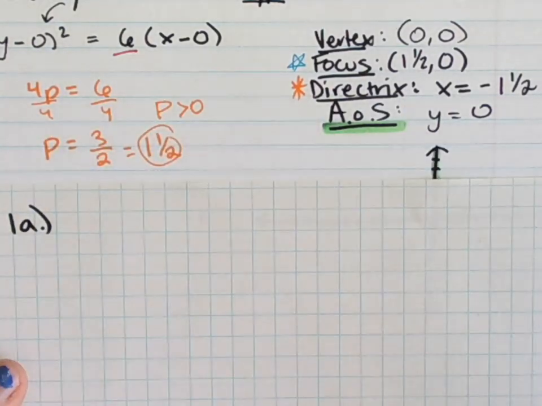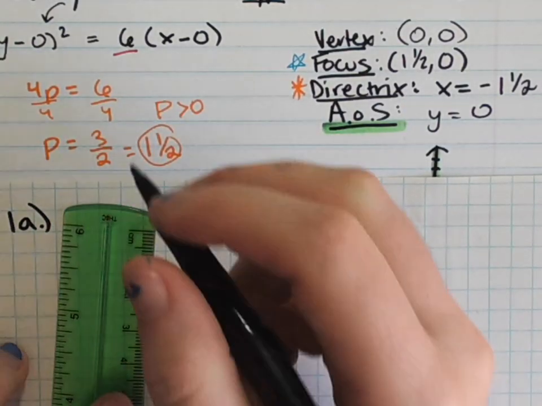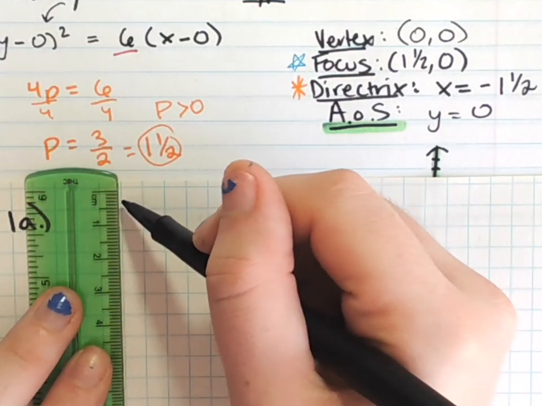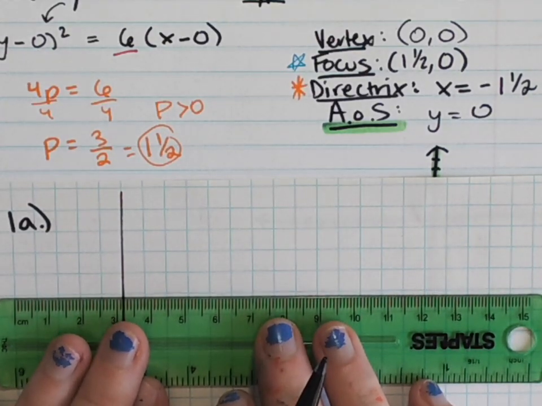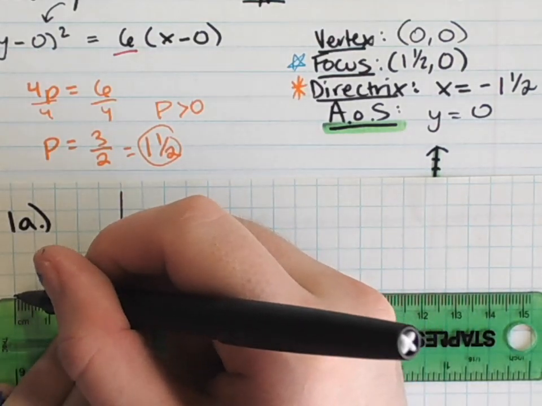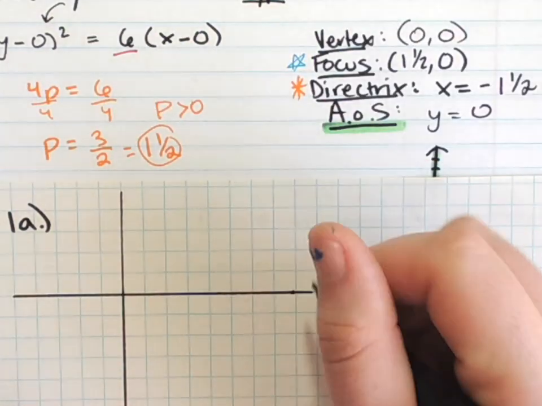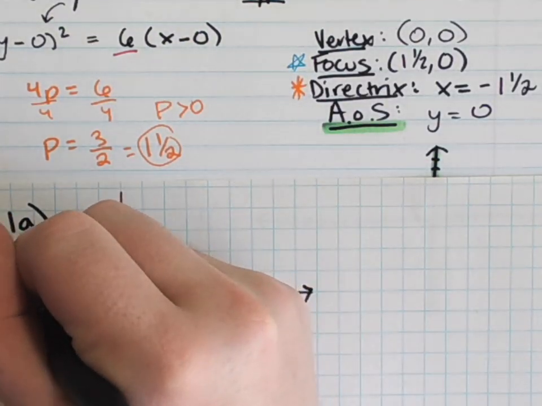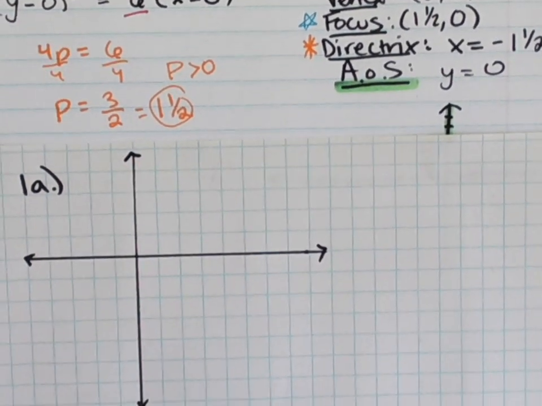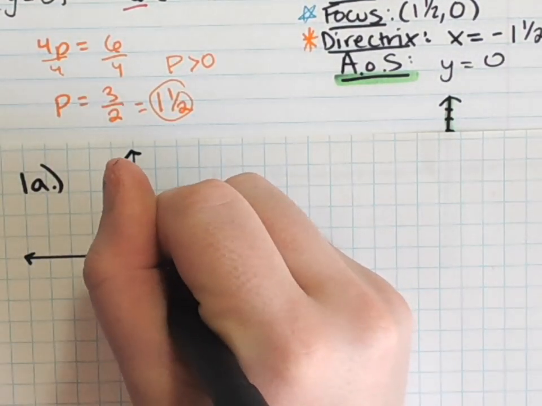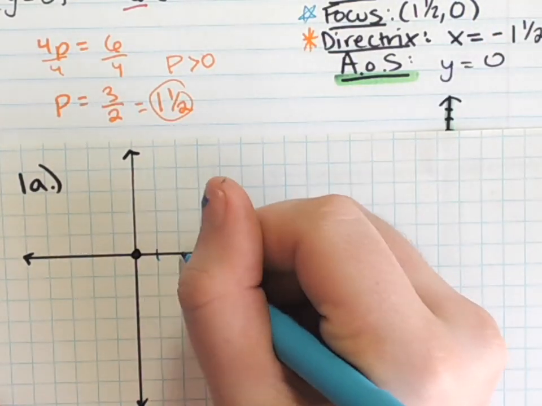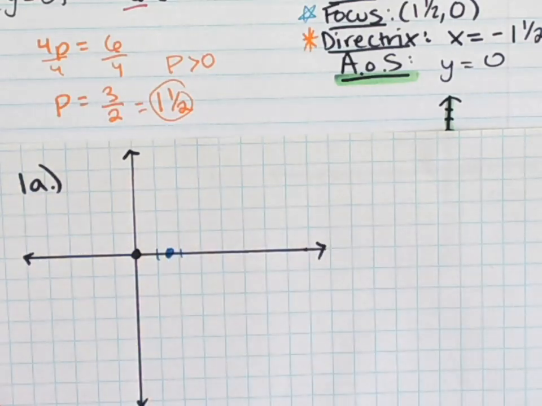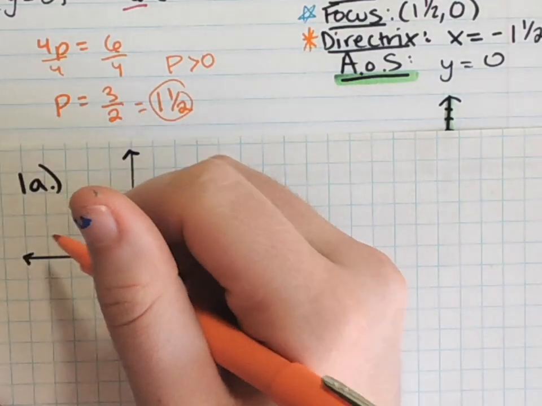One A. All right, so we've got a vertex at 0, 0, a focus at 1.5, 0, which is right there, and a directrix at negative 1.5 through the x-axis.